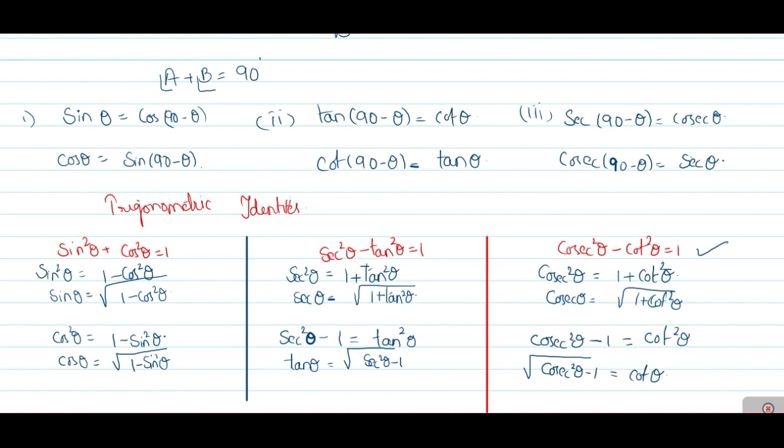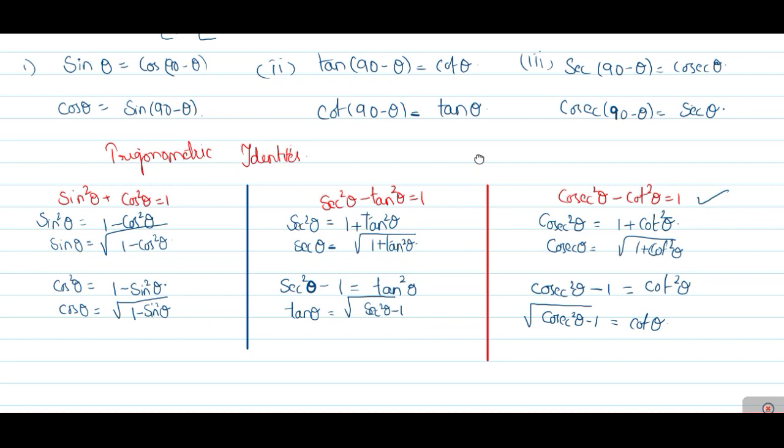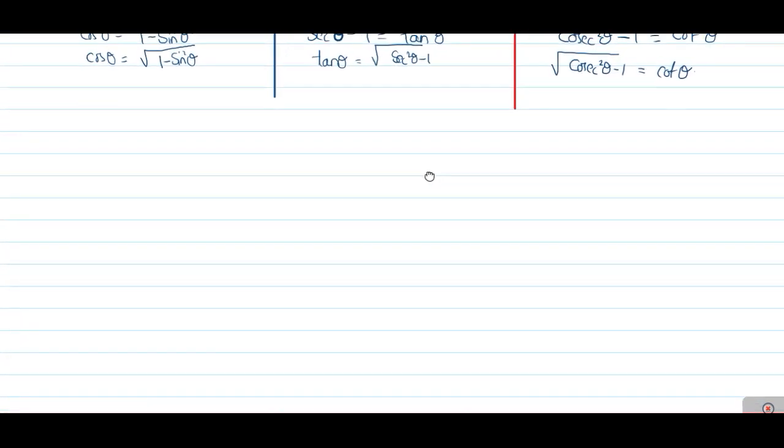Basically, these are the things which we will be using, and let us also recapitulate the Pythagoras theorem that is used most of the time. For the Pythagoras theorem also, we will be using a right angled triangle. So, what is Pythagoras theorem? What did we learn?